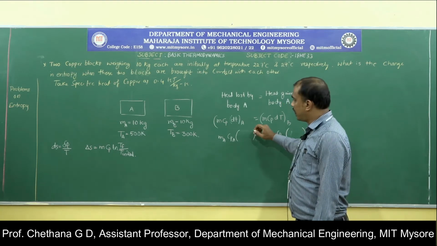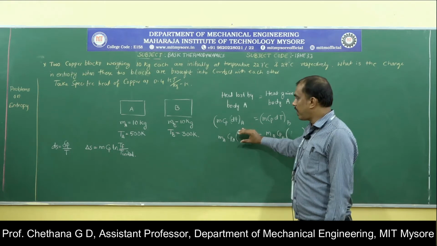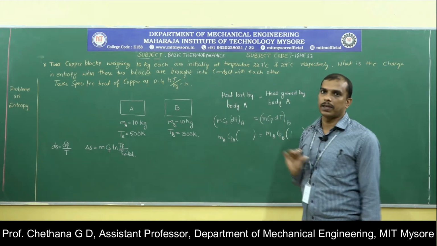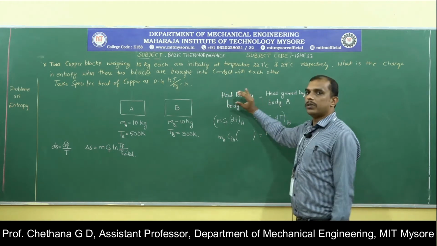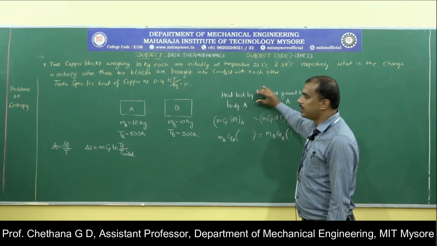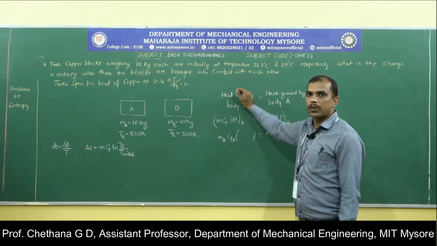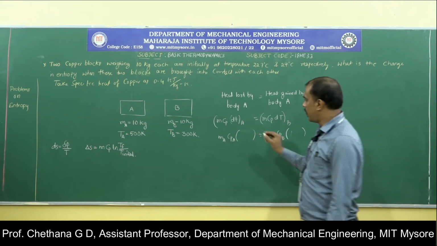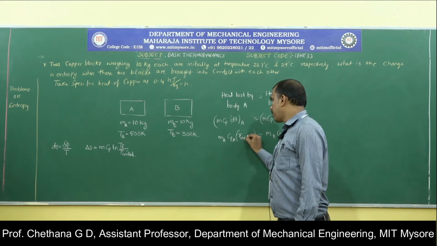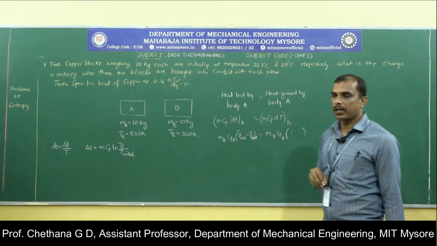Be careful, don't make a mistake here. If you are equating, don't go for the negative sign or positive sign. If you are equating both sides, it has to be positive. So we should make sure that while using this equation, both sides should be positive. So here T initial minus T final, that is TF we are denoting.